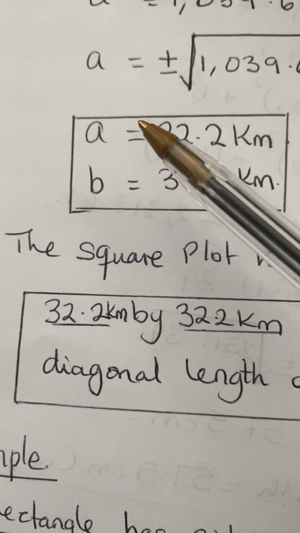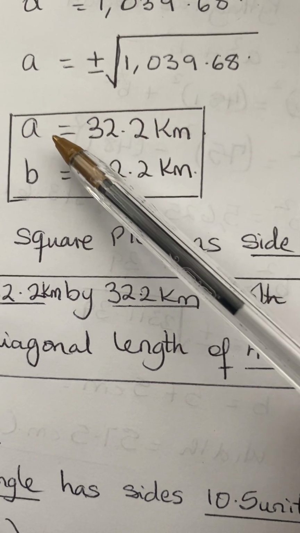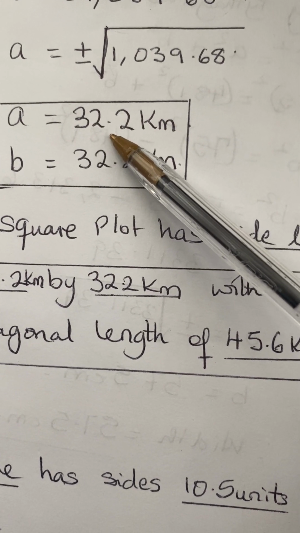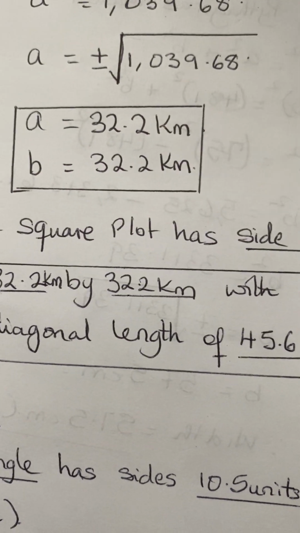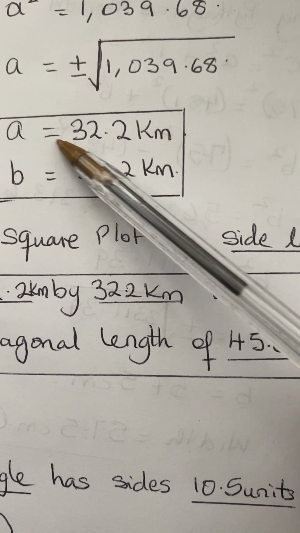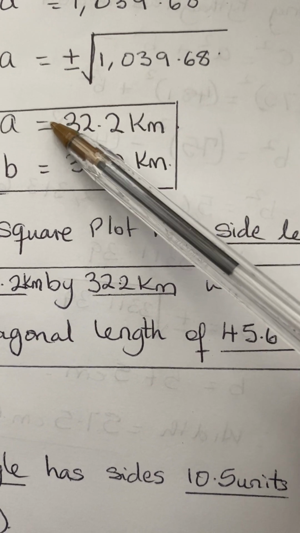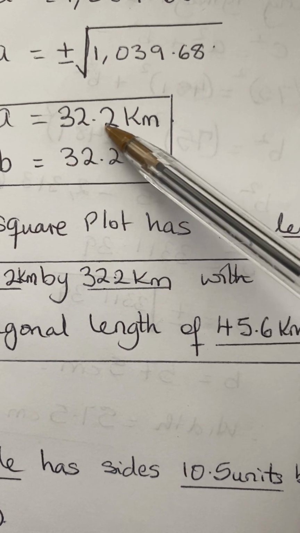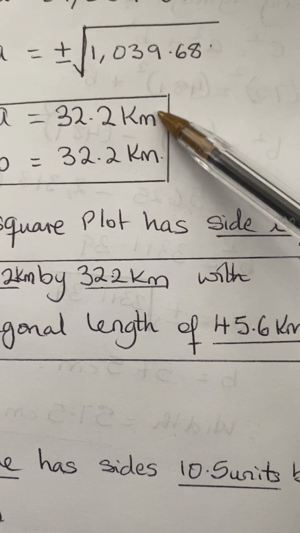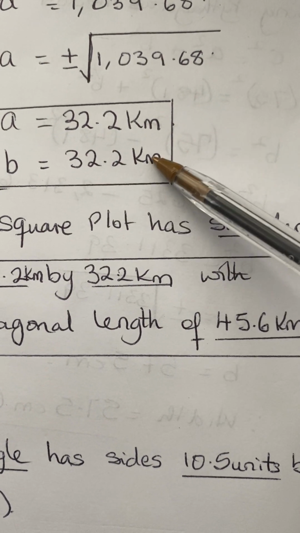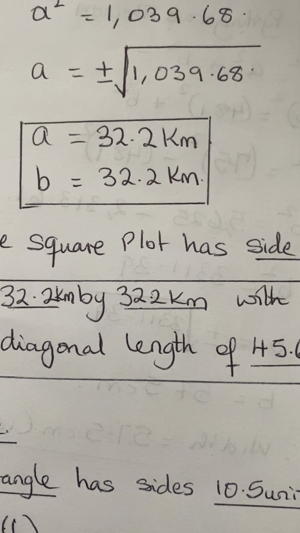If you do it correctly, you come out with A being 32.2 kilometers to 1 decimal place. Because it's a square, if A is 32.2 kilometers, then B will be equal to 32.2 kilometers as well.